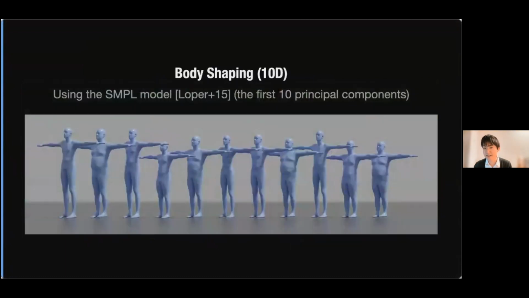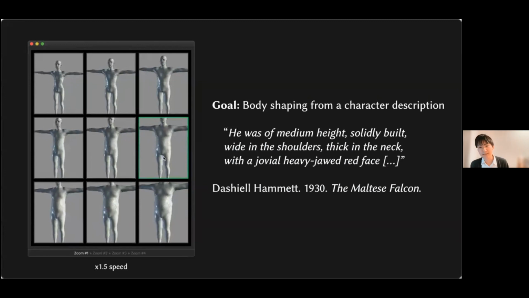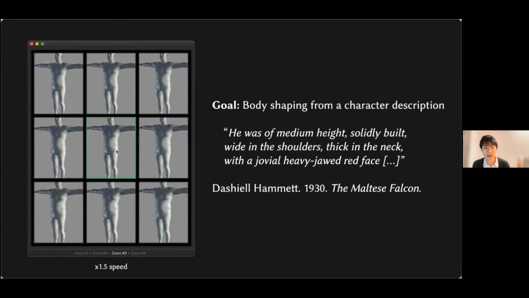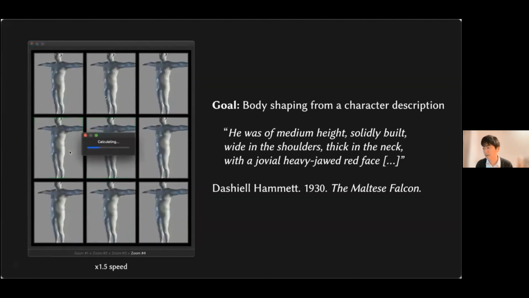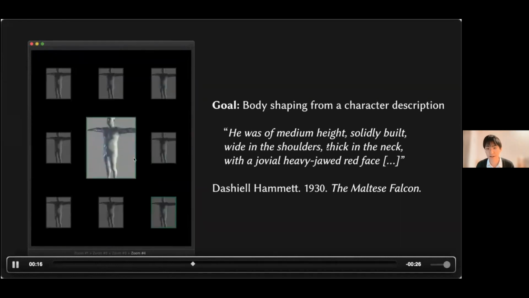Next, we show another application on 3D body shape modeling using a pre-trained model. So here, the user needs to find a 10-dimensional vector that generates a desired shape. And here, suppose that the user wants to create a character from a fictional novel that is given this text description of a fictional character.